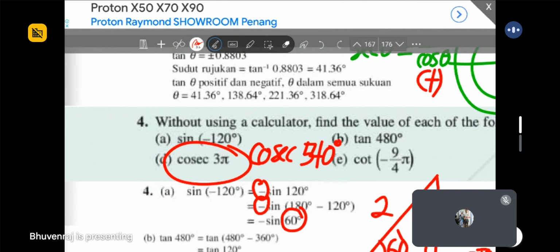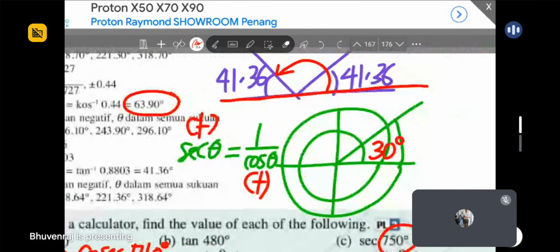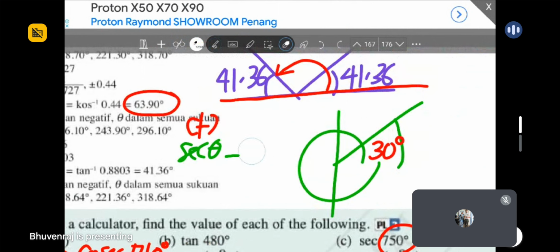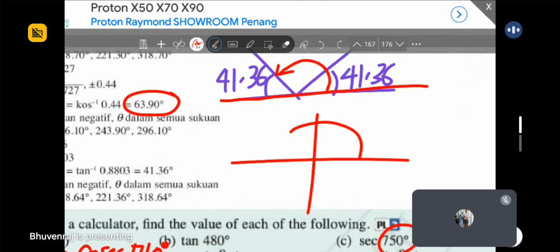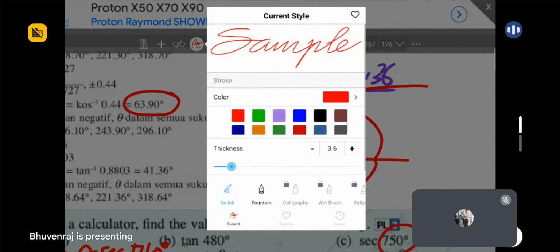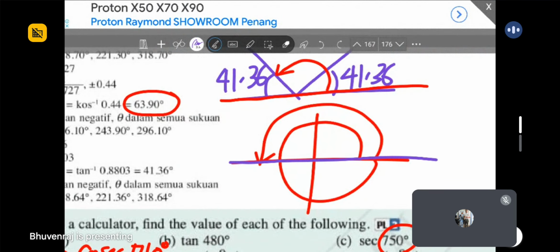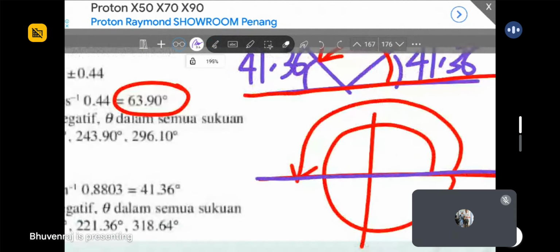So cosecant 540. Again, always draw the quadrant. Quadrant helps you a lot. So cosecant 540, so 360 plus 180. So my angle is actually on the x-axis, kat paksi x. So guys, cosecant relates with what? Sine, right?